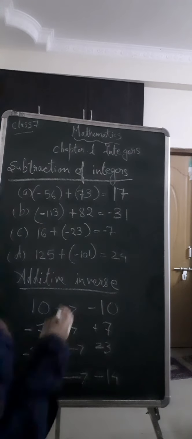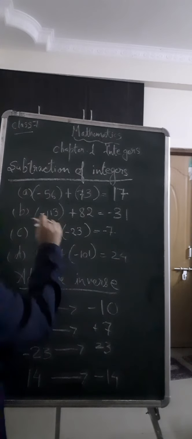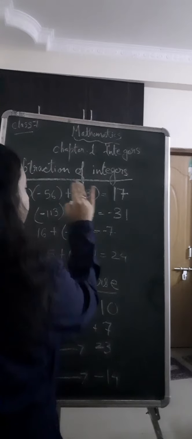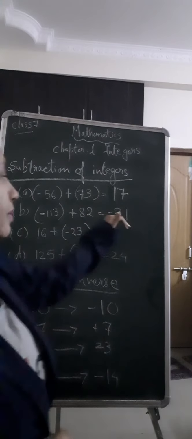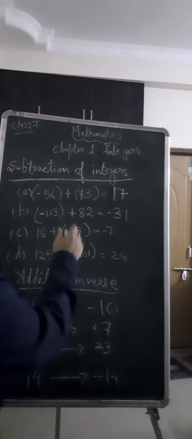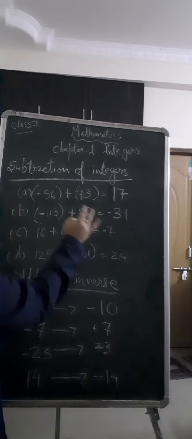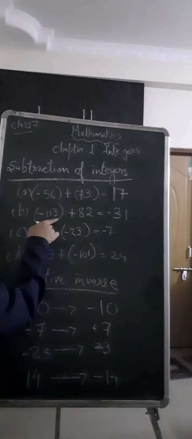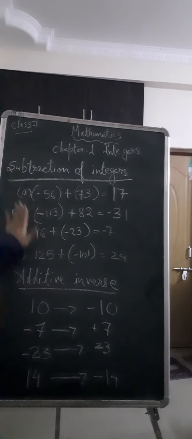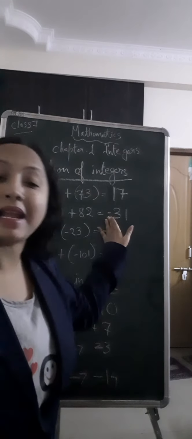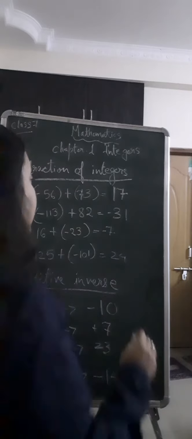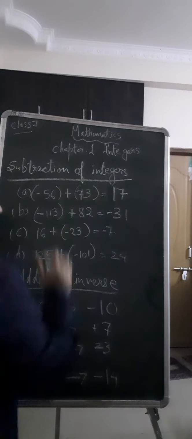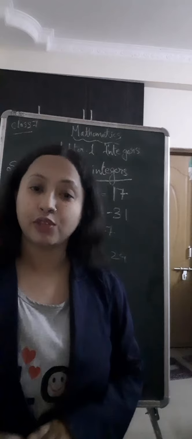Again the subtraction will simply be 113 minus 82. It will be 31, but since the greater number among these two is 113 and the sign in front of 113 is minus, we have placed the minus sign in front of the answer that we have got after solving these two integers.